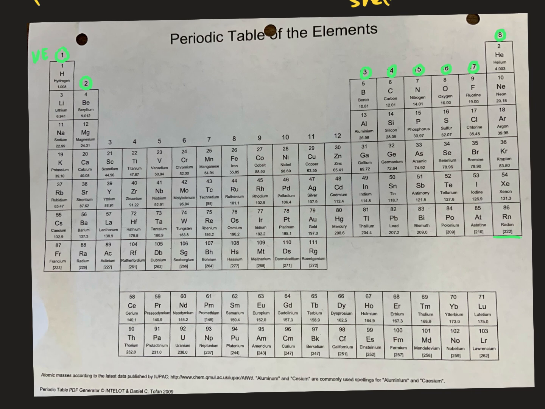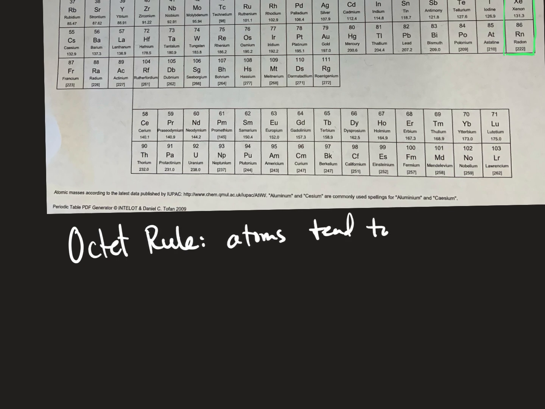And all of these guys, everybody wants to be just like a noble gas, right? Everybody wants to be noble, for example. Yeah? So we have something called the octet rule. Atoms tend to gain or lose electrons to achieve a noble gas configuration.